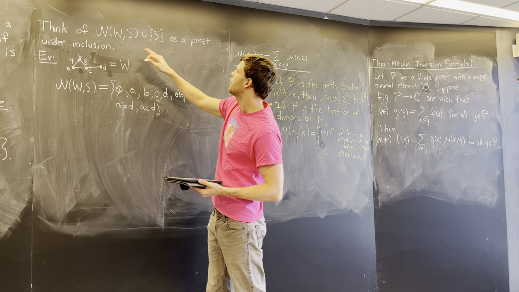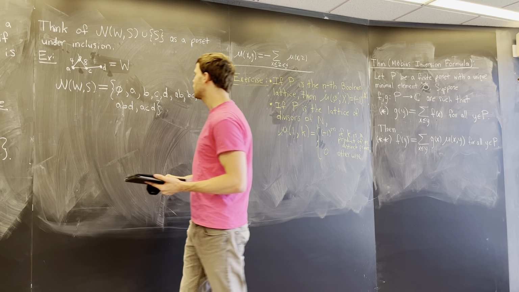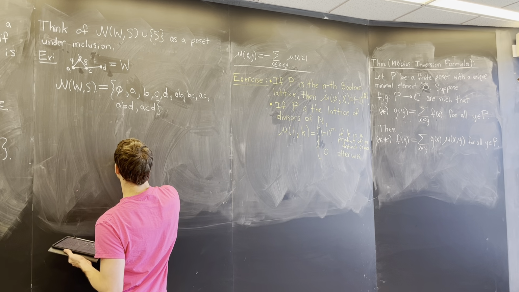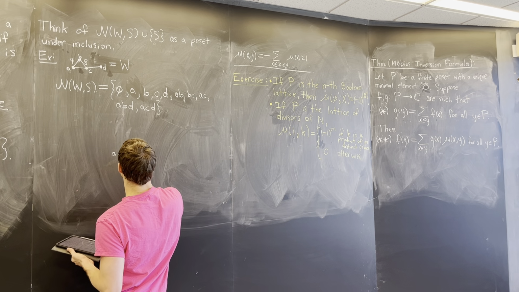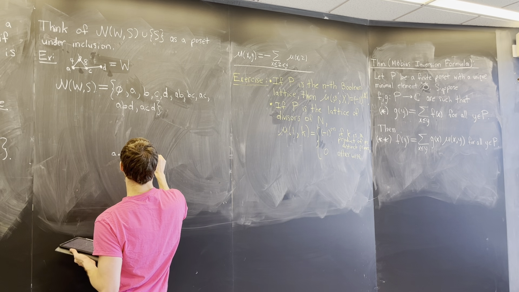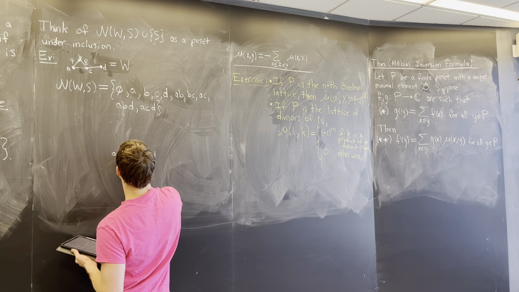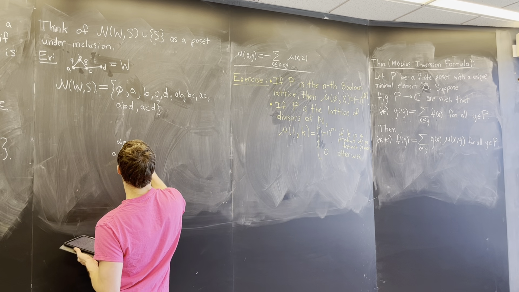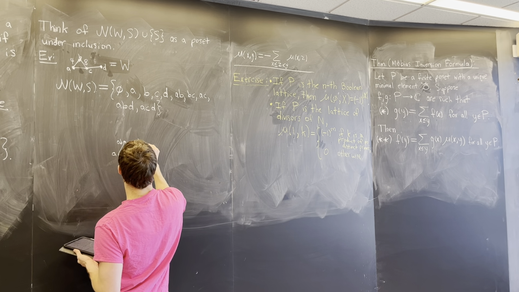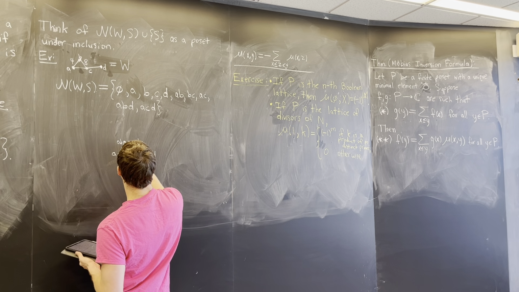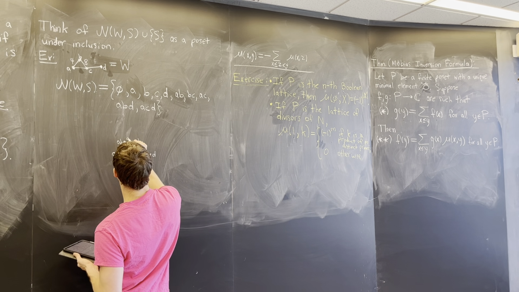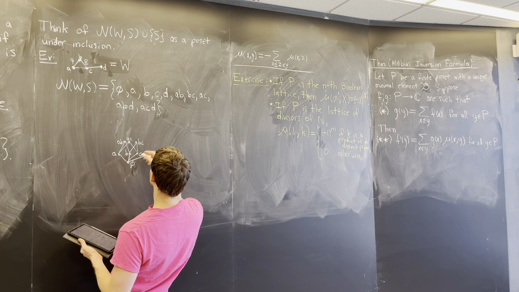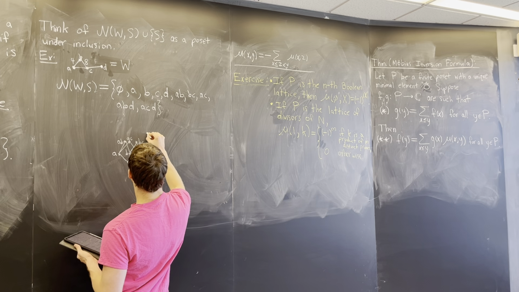So if I was looking at this poset, I'd have the empty set, A, B, C, D, and then I'd want to include AB and BC and AC, which I guess is here. This is AC, and ABD, which would be here.